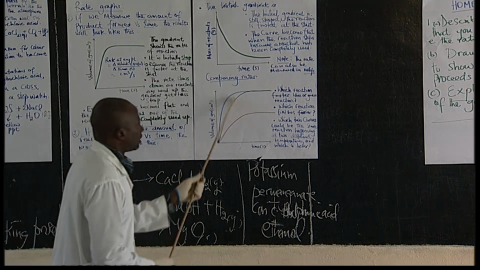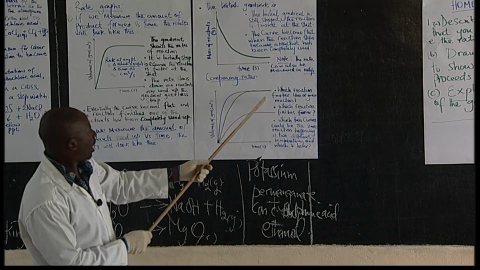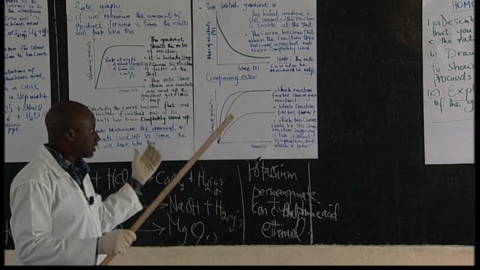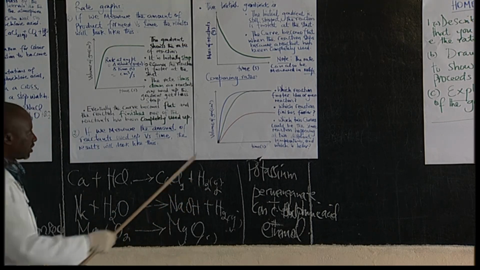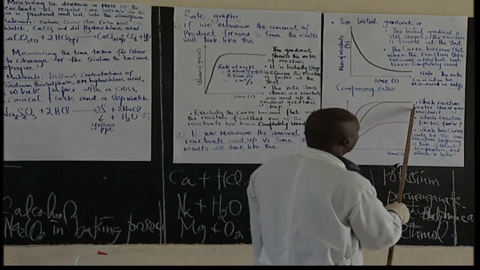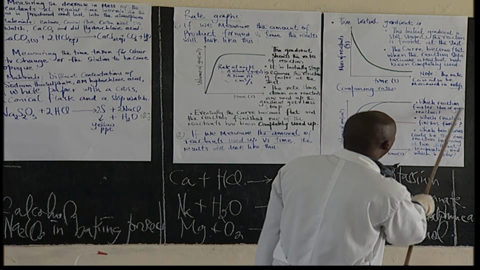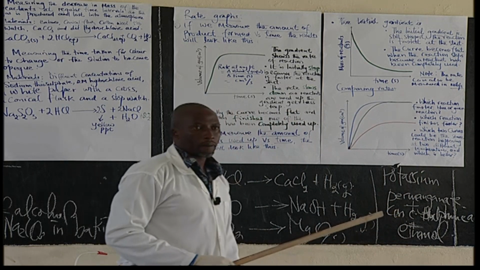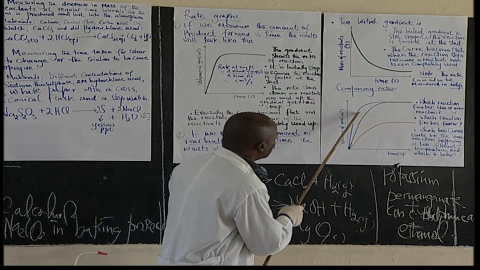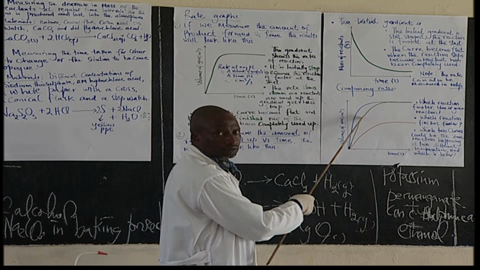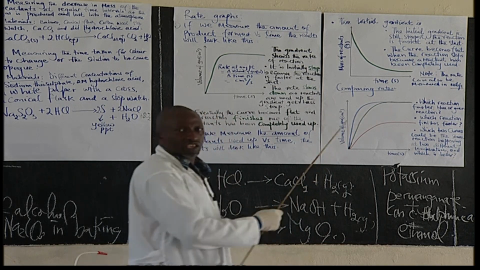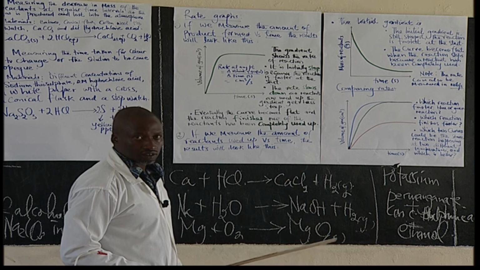So look at these graphs. You have 3 graphs. We are just comparing, assuming the graphs are of this form. Which reaction is faster, blue or green? This is blue, this is green. Which reaction do you think is faster than the other?